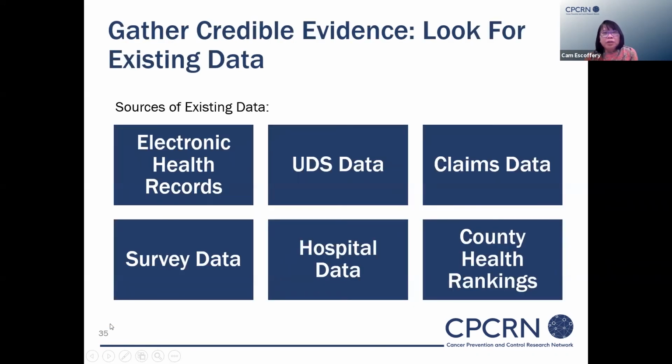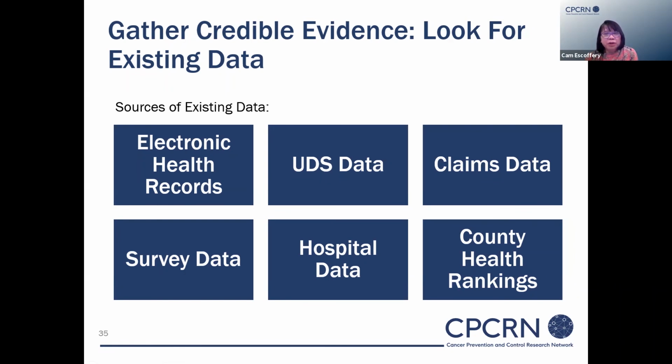So, gathering credible evidence, you can look for existing data. These are some examples of where you can find data perhaps about your short-term, medium-term, or long-term indicators. So maybe from your electronic health record in Epic, for example.